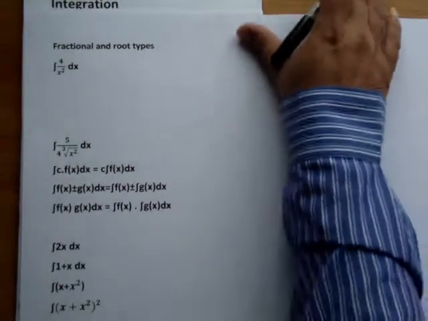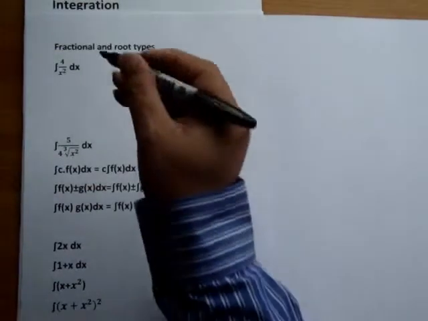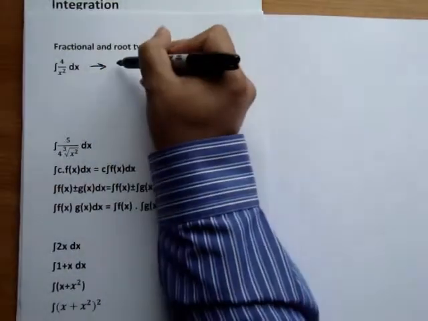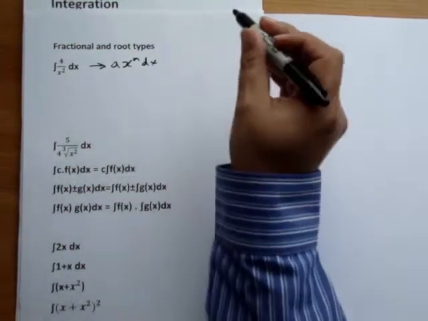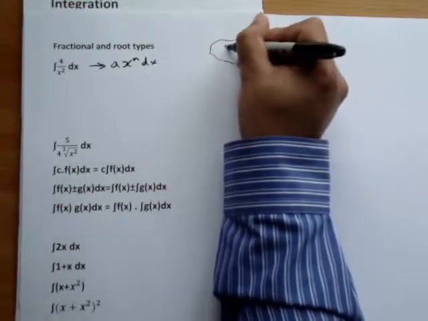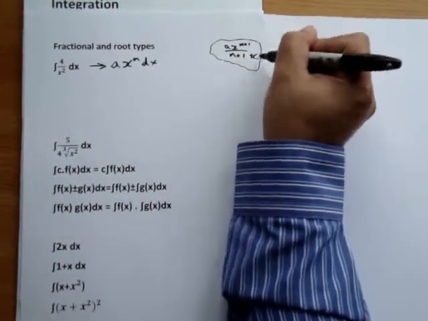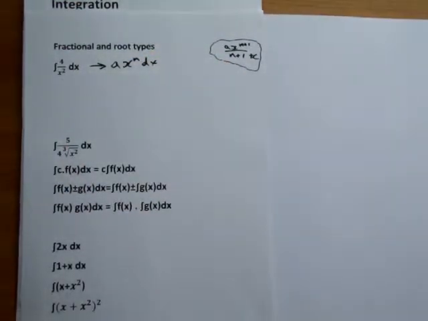When we are integrating fractional and root types of functions, we try to make them into our standard form of function that we know how to integrate. That would be ax to the n dx. We apply our rule, which is ax to the n plus 1 over n plus 1, plus c. Let's look at the first one, integrating 4 over x squared dx.